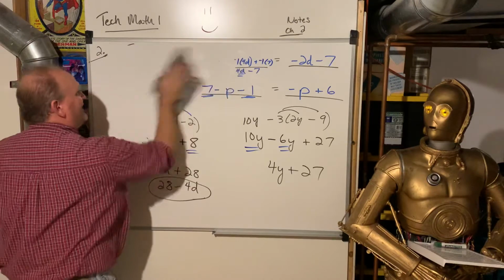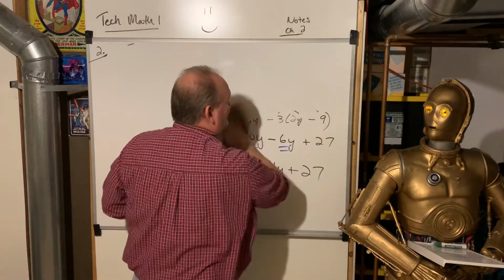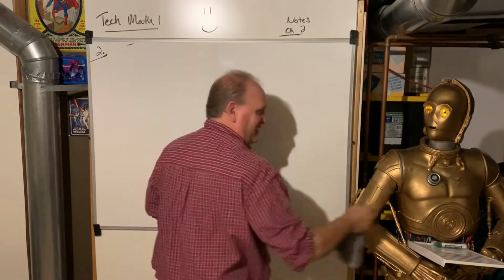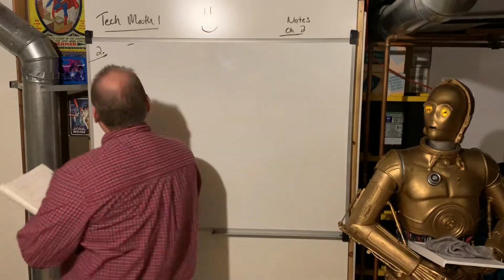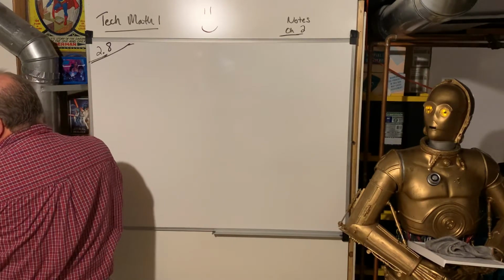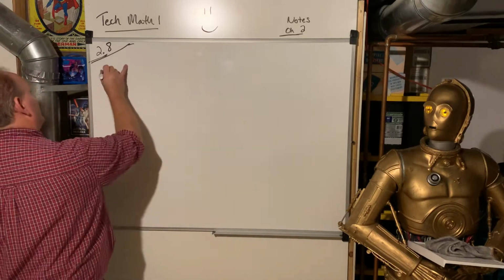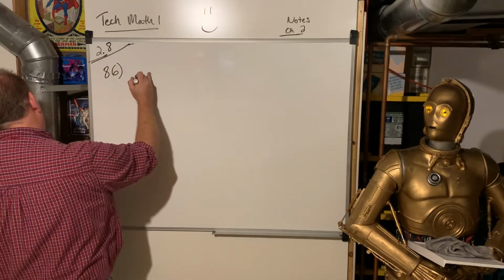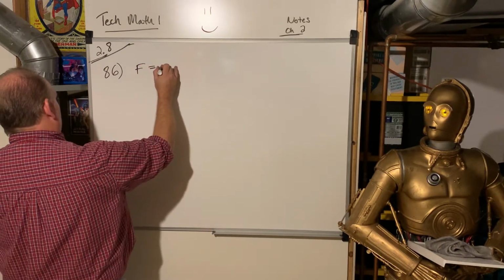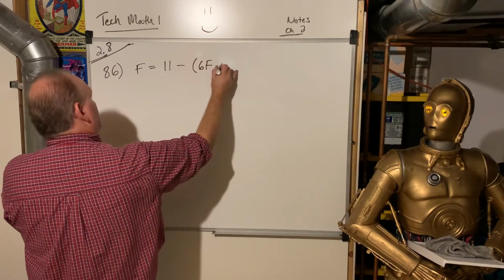Okay, let's get to 8. Hopefully, again, this is review for most everybody watching this. So 2.8, we're looking at 86. That's on page 82, number 86. F is equal to 11 minus 6f plus 7.